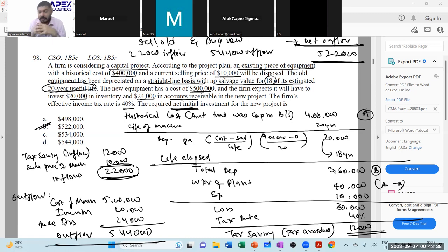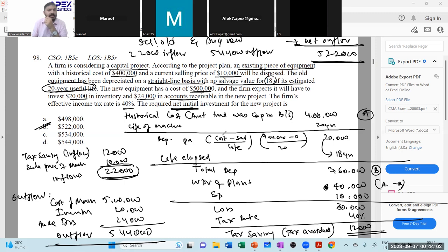What is depreciation per annum? 20,000. How many years have you used the machine? 18 years. What is total depreciation charged? 3,60,000. Cost minus total depreciation is equal to WDV. What is your WDV? 40,000.